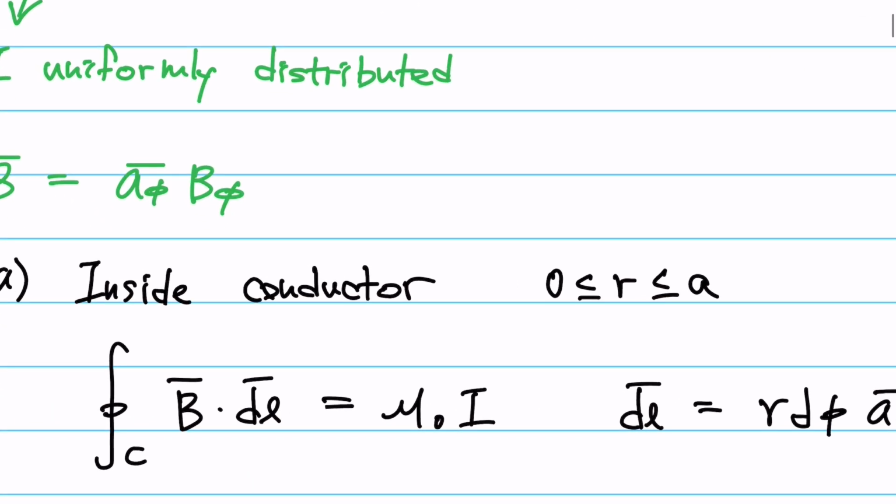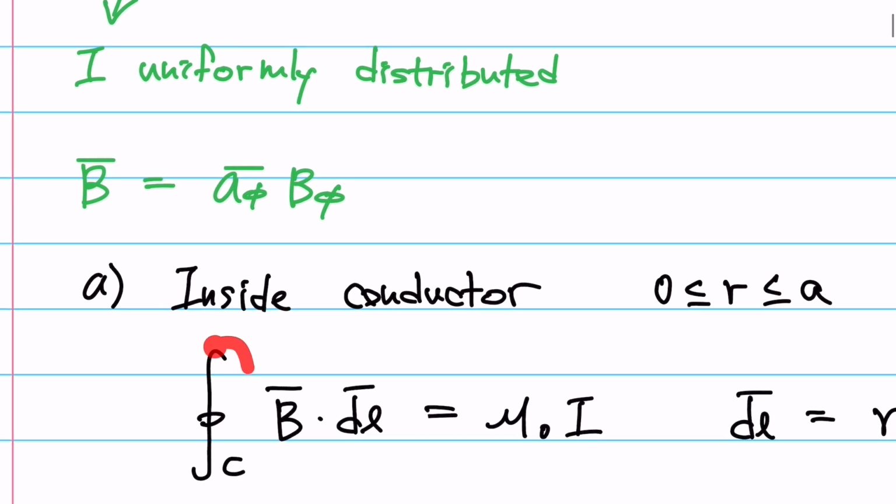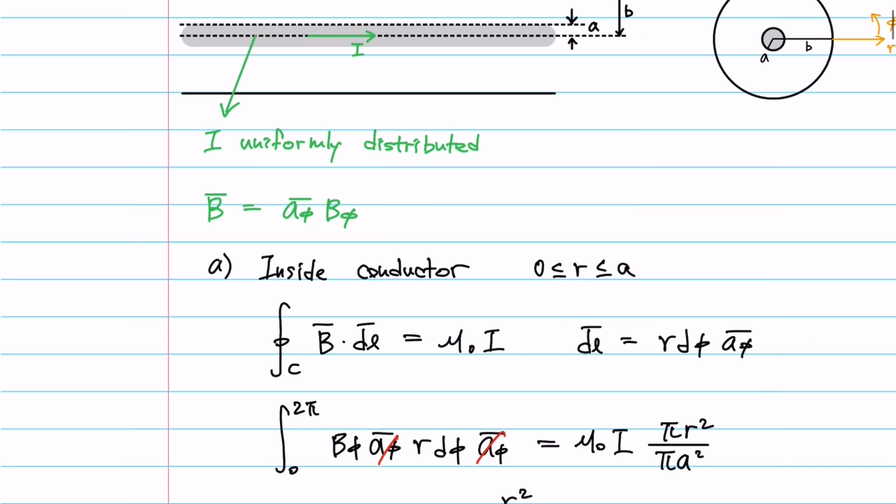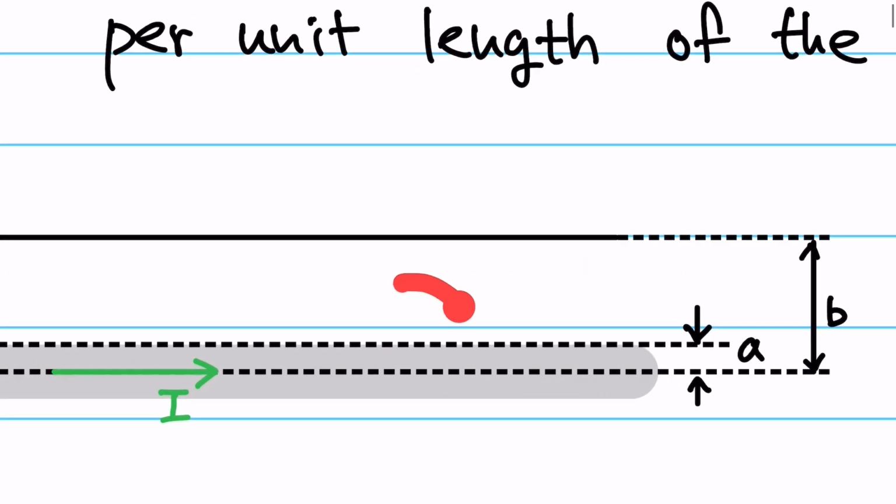We need to apply Ampere's law. When you apply Ampere's law, you need to make sure that your contour, this imaginary contour that you decide where to put, has to enclose a current and be where the B field is. So in this case, I'm going to put the contour around the loop like this.